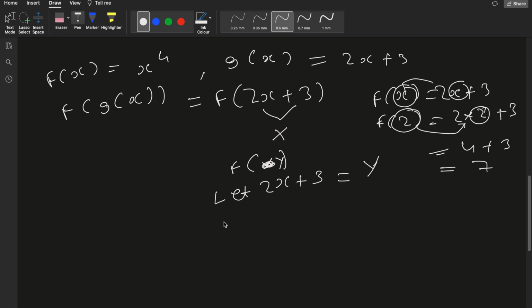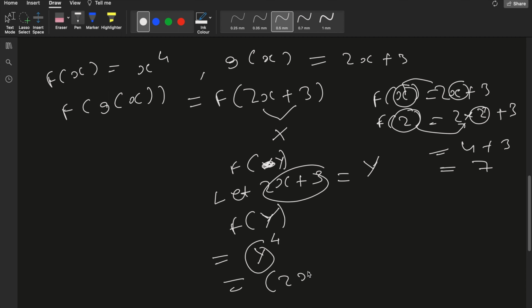Now what we do is we write f of y. So you just replace this value, right? So that would be y to the power of 4. Now let's substitute y with what we equated it. So that would be 2x plus 3 to the power of 4.